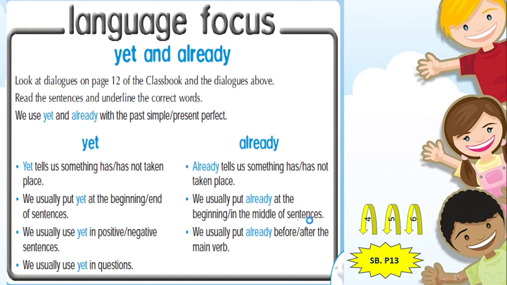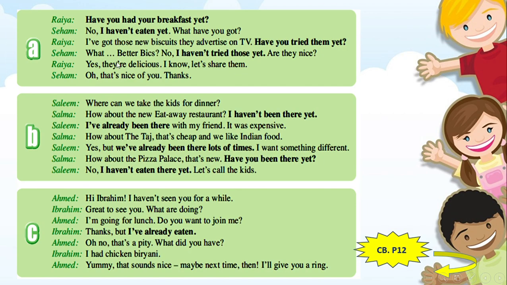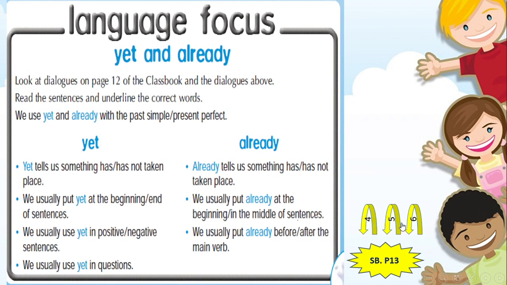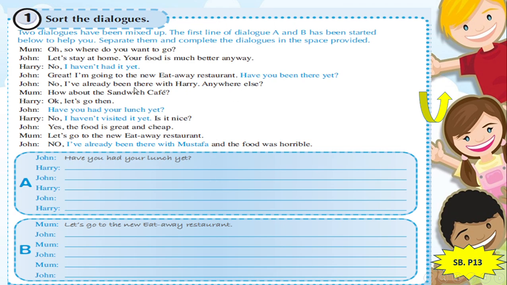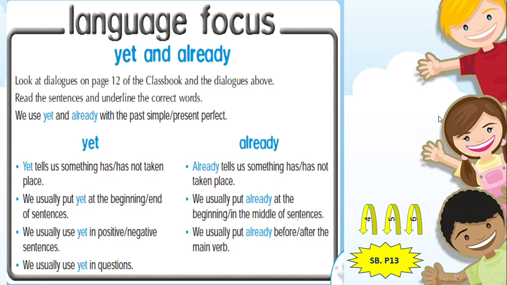Here are the dialogues, students. These are the dialogues that we have already studied in the class book, page number 12. And here we have the dialogues we have studied last time on page 13 in your skills book. You remember the dialogues, yeah? Good. So we will use these dialogues to know the differences between yet and already.